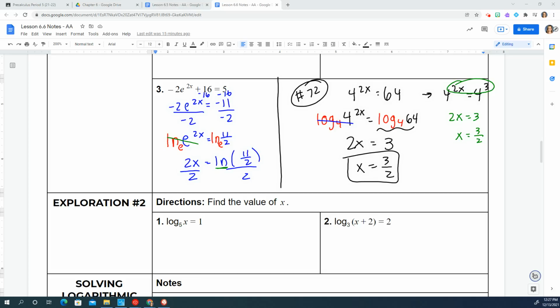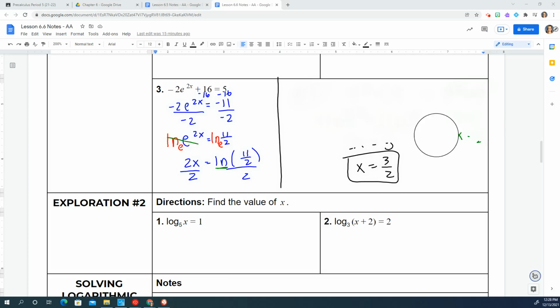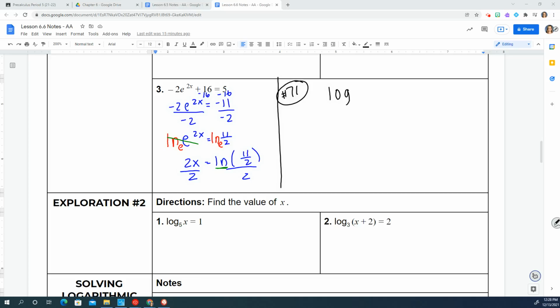So for the one above, at 71, it's saying, what x to what power equals 2? Or no. Yeah, we can do that one quick. We're going to do log equations.